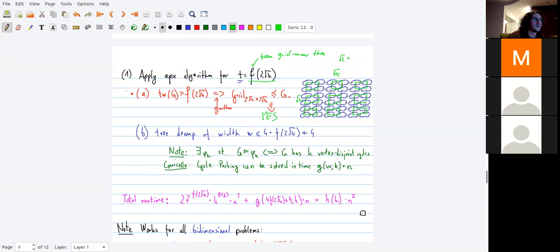So I got k vertex disjoint cycles. Square root k may not be integral. Please put the ceilings as you wish somewhere here in this argument.